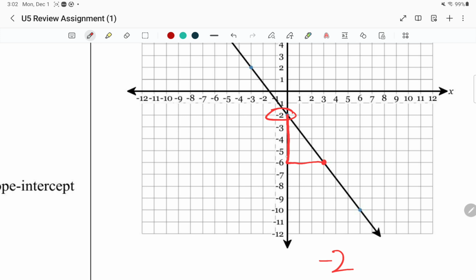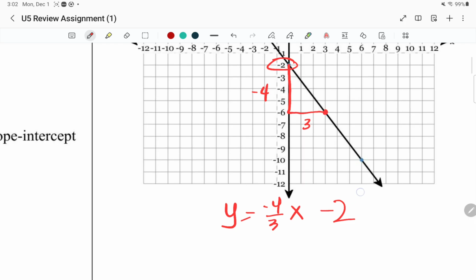And that is down 4, so negative 4 over 3. So that is my answer. Down 4 over 3 becomes negative 4 over 3. You can also just count and say that's 4 over 3 and then look at it later and go, it's going down, that means it has to be negative. Remember, negative slope is when it's going down, positive slope is when it's going up.